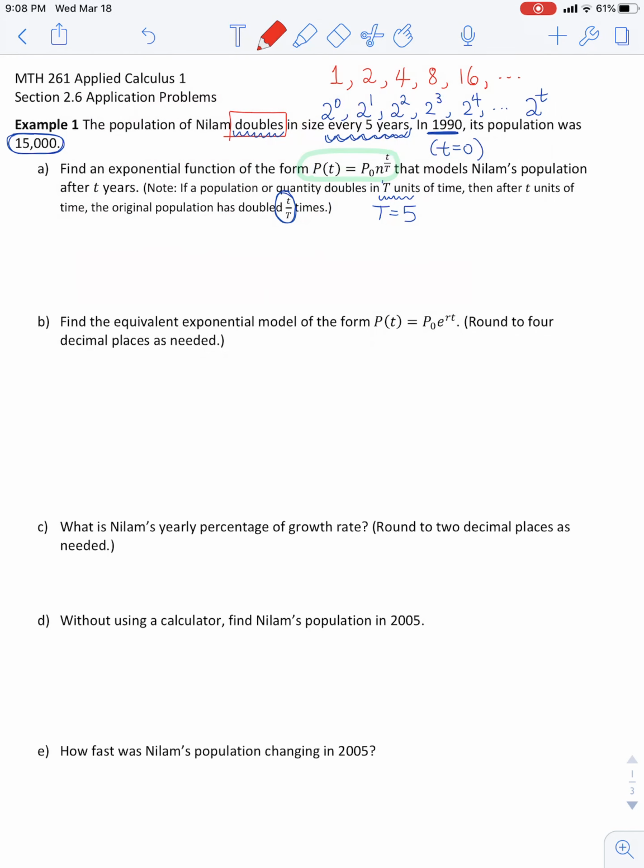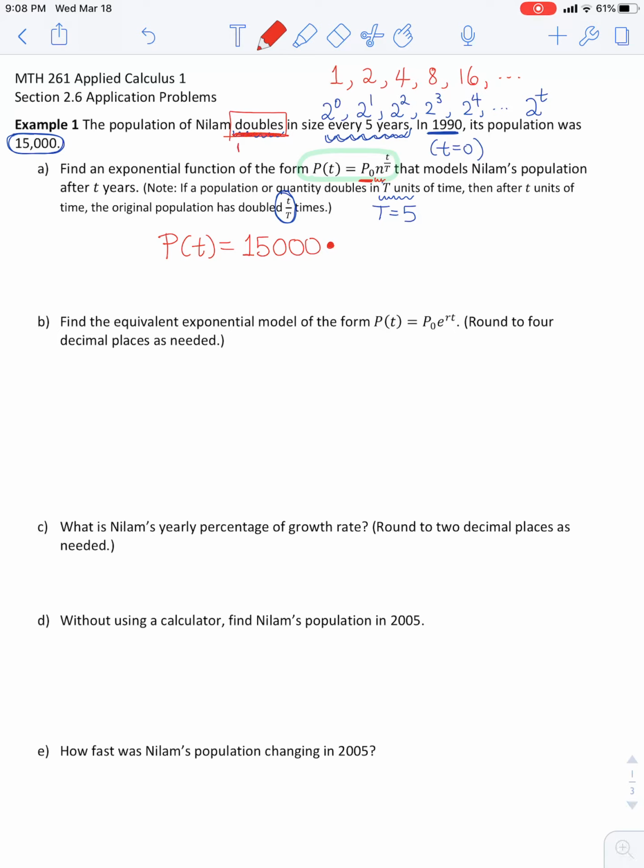So let's go ahead and write that equation. P of t equals, now P naught, that's the initial population. We know that is 15,000, times, now n, what is the base of this exponential?